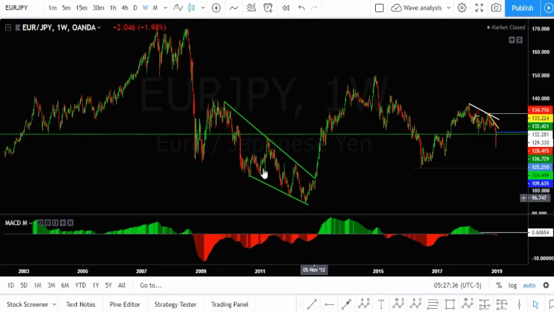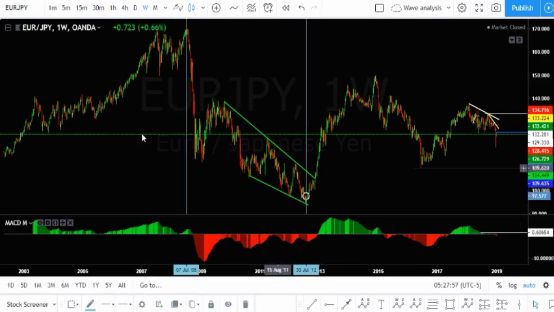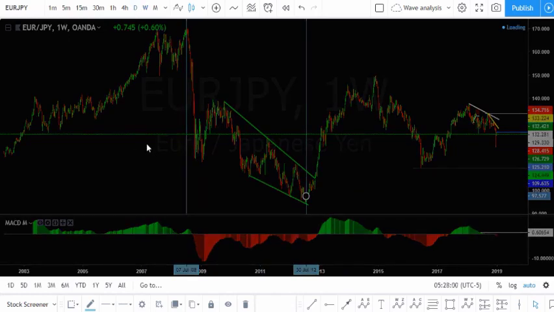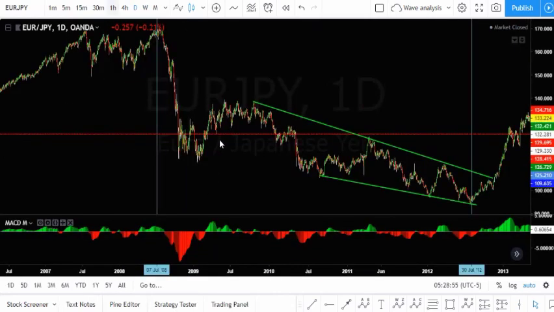But this is how you label the ending diagonal, but the whole structure you would have labeled obviously A, B, C. So let's go to the daily and let's just mark this spot so we can go to it on the daily.